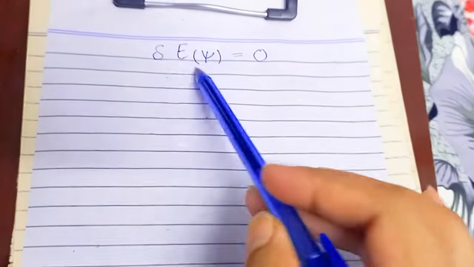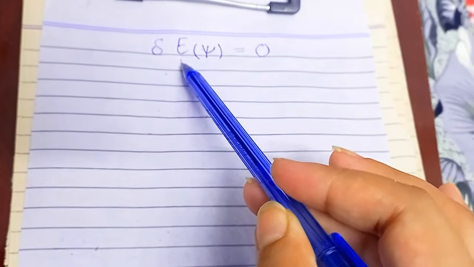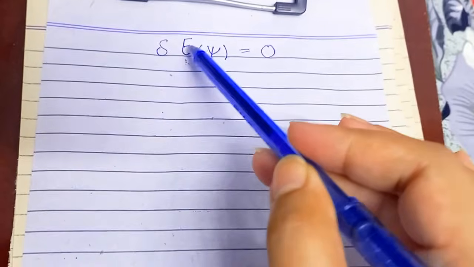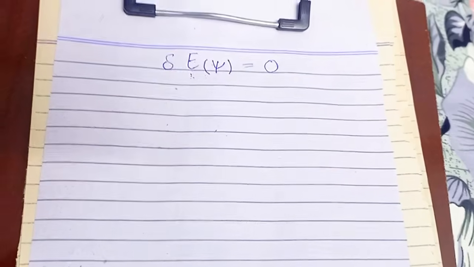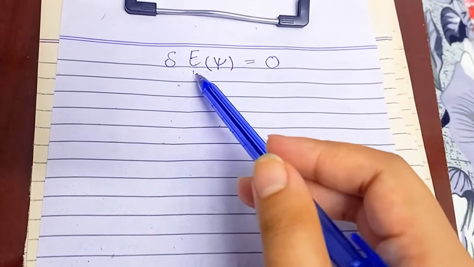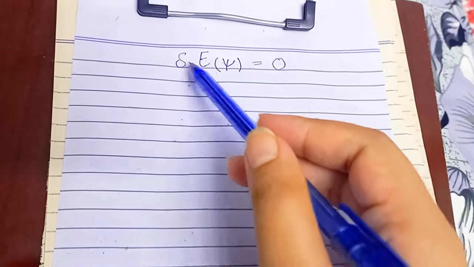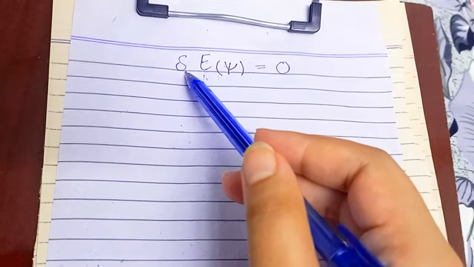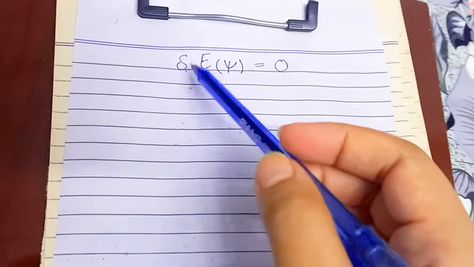Ultimately, what we'll do is first find the expectation energy. Expectation energy is, in other words, eigenenergies. So we'll write the expression for expectation energy, and then find its variation with respect to whatever the variable is.